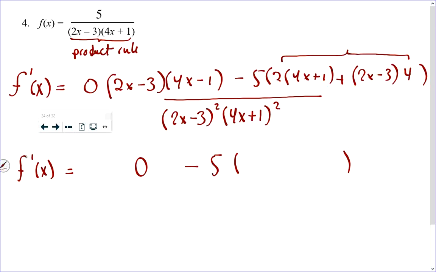Do you agree that this would be 8x and we are adding 8x? It's going to be 16x. We have 2 and we're adding negative 12.